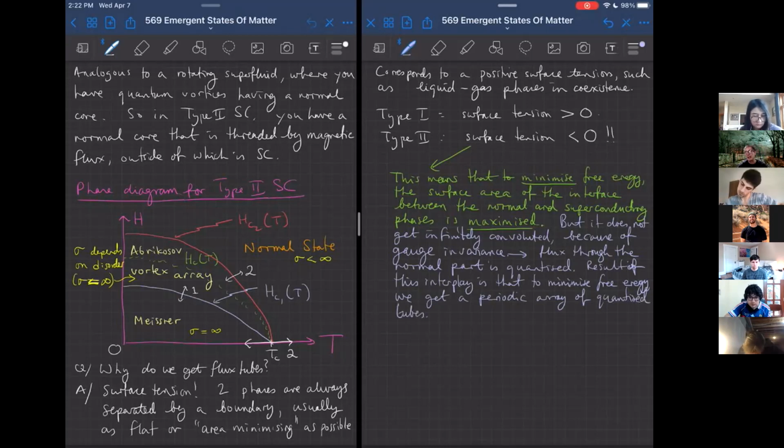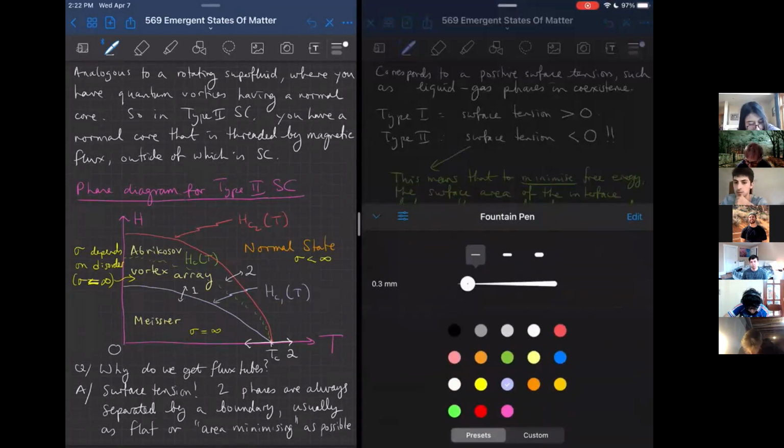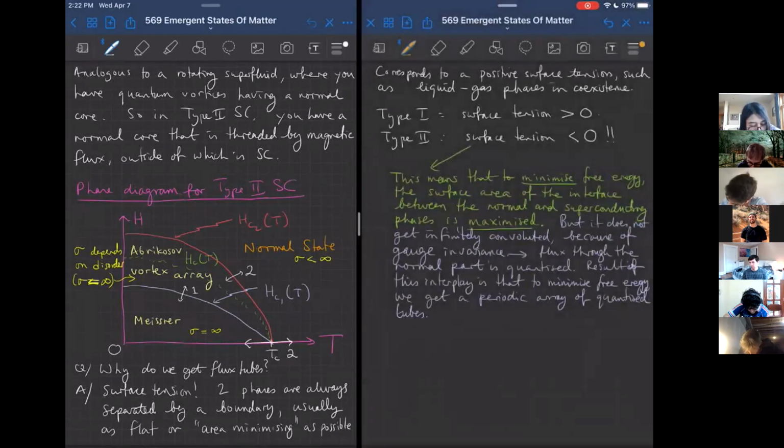Now, people always talk about flux quantization. That's really not quite correct. So I want to just make this point as a caveat. Later we will see that it is really a different quantity that is quantized.